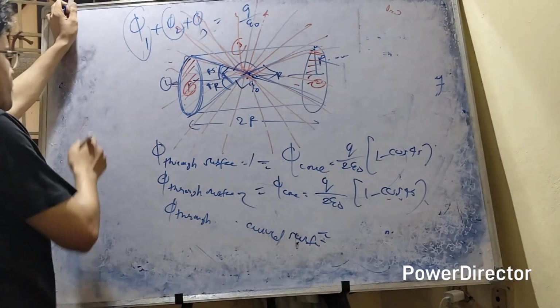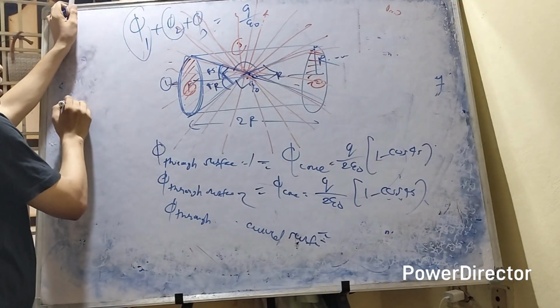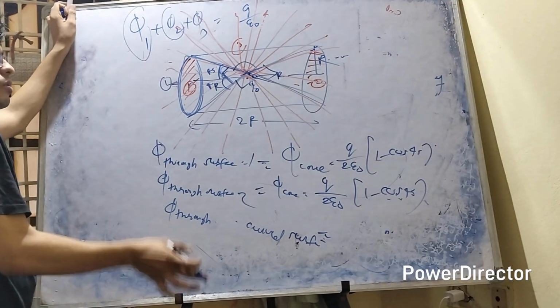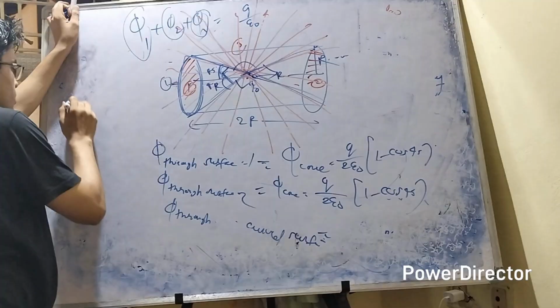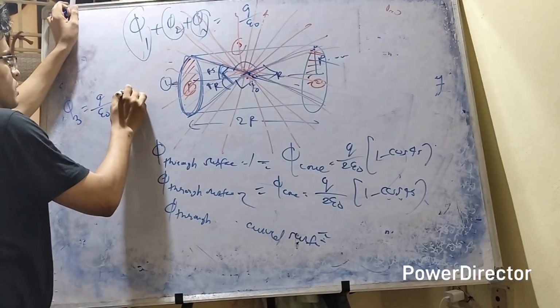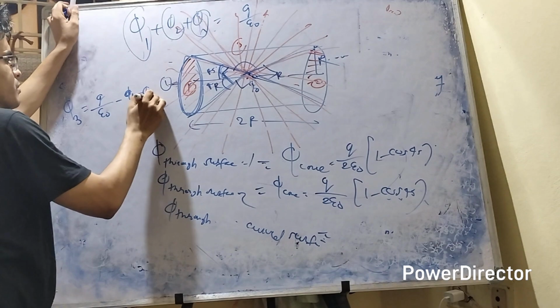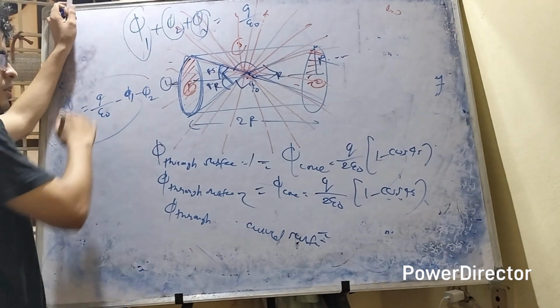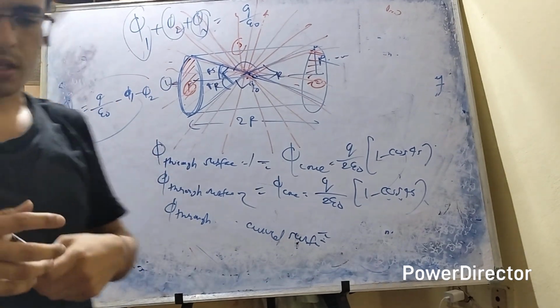We can calculate the flux through the curved surface, this third one. So I can write phi 3 equals Q upon epsilon naught minus phi 1 minus phi 2. That will be your answer.